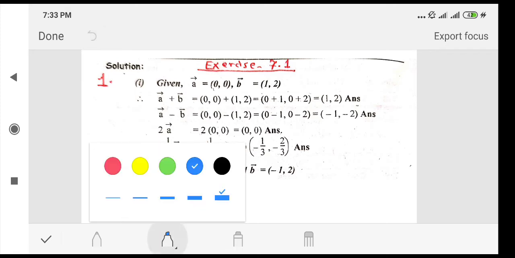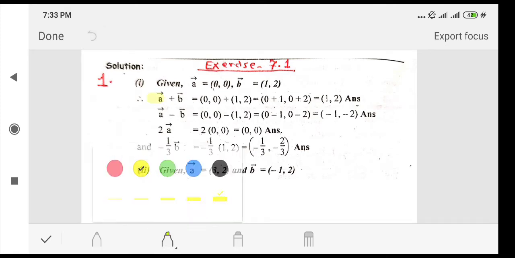Our first question is vector a plus vector b. Vector a plus vector b will be equal to 0 comma 0 plus 1 comma 2. As per our previous rule, the first element is added to the first element and the second to the second one.